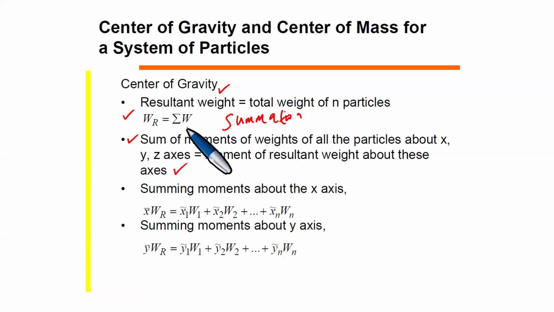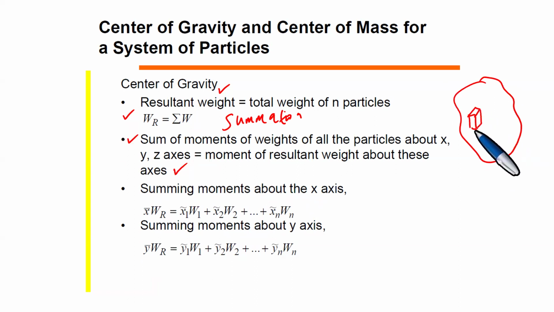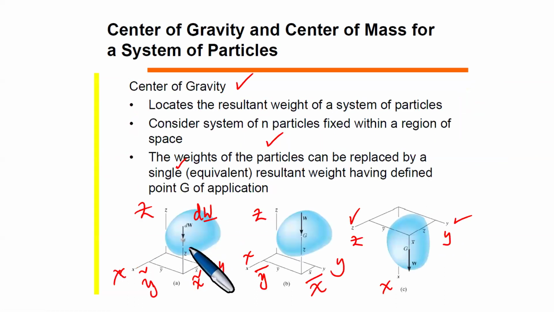So if we sum the individual weights, say we have an object like this, here it's a particle. We consider its small weight, and obviously there are too many particles, and each one of them has its own weight, and this weight is straight down.